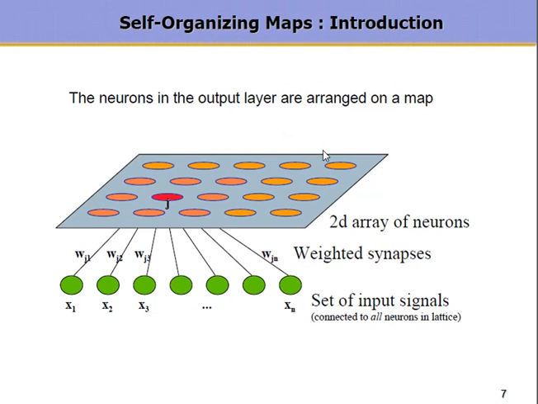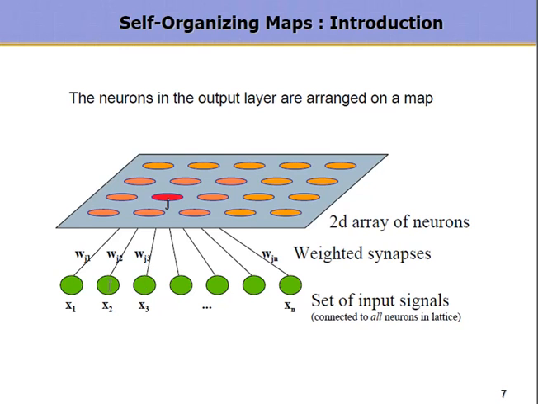As you can see in this figure, we have the neurons in the output layer, and the output layer neurons are arranged in a map. So we have a 2D map here, or a matrix or a grid, and all the neurons present in the output layer are arranged accordingly on this grid map. So we have a 2D array of neurons in the output layer, and we have the weighted synapses. We have a number of neurons in the input layer, and this represents the set of input signals.